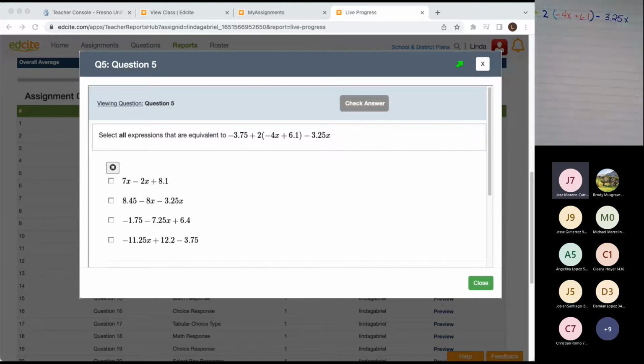All right, so according to our order of operations rules, PEMDAS, right?